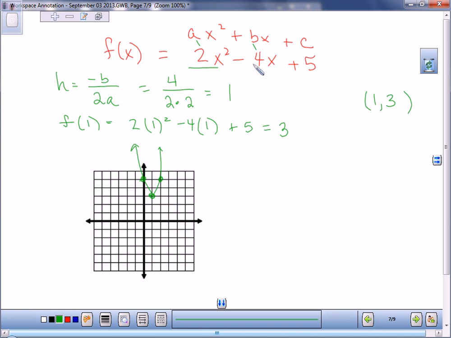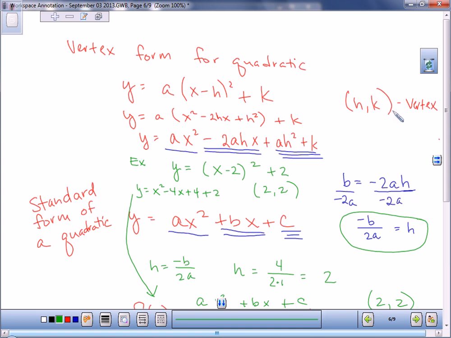If I evaluate the function at 1, that gives me the y value that corresponds to that x value. That gives me the ordered pair. Wait, so h is the x value? H is the x value at the vertex. Like when we started vertex form, we said the vertex is represented by h, k. So h represents the x value at the vertex.